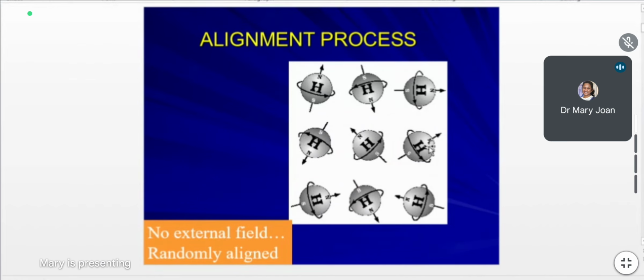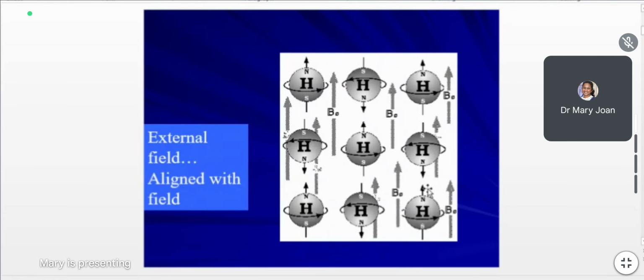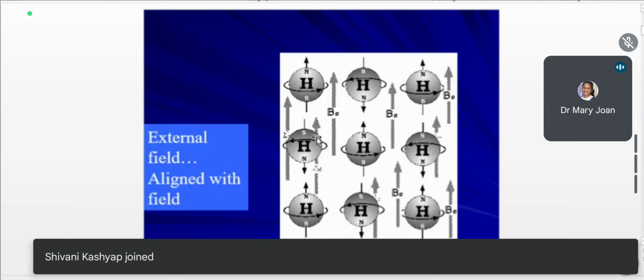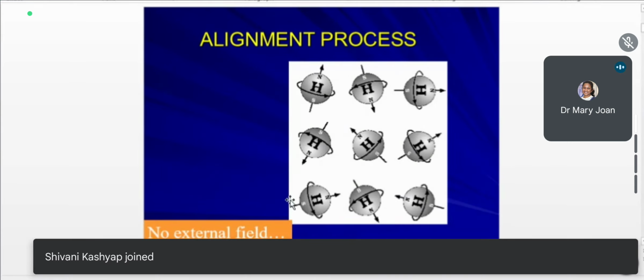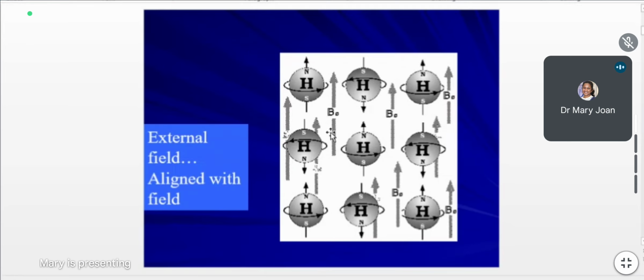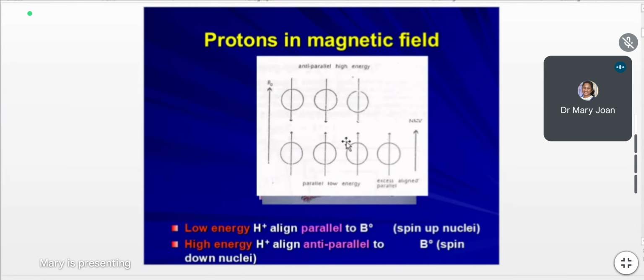The direction varies. When an external field is applied, they get aligned with the field. Here you can see the difference from the previous image where it is not aligned. That doesn't mean it will spin in the same direction; it just gets aligned with the magnetic field.